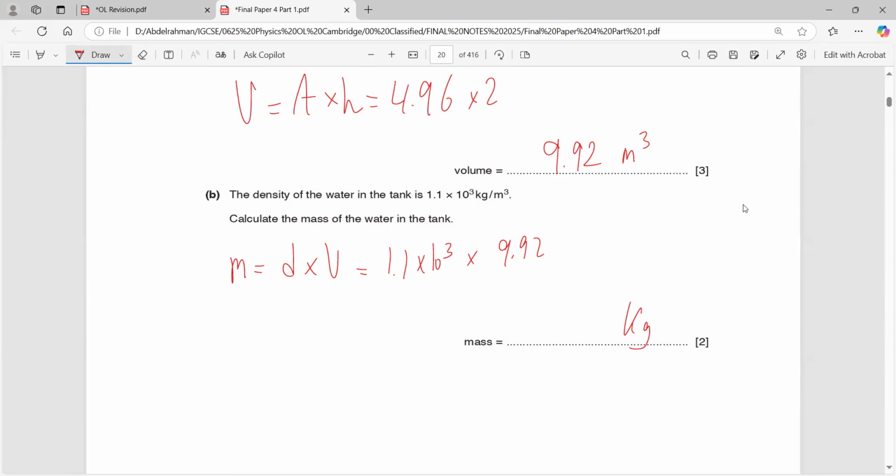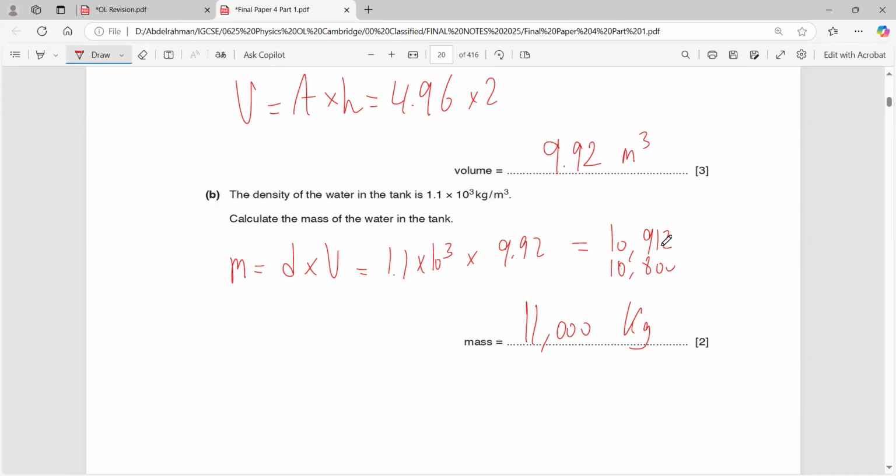But a more professional answer would be 11,000 kilograms. My answer was 10,912, and your answer was 10,800 and something. Both of these answers you could write down as 11,000 kilograms, to make life easier.